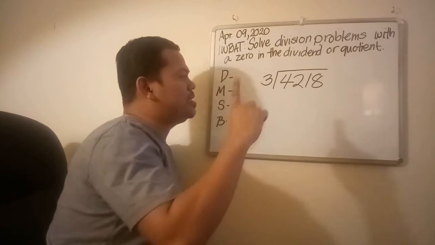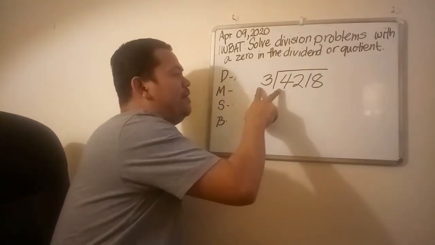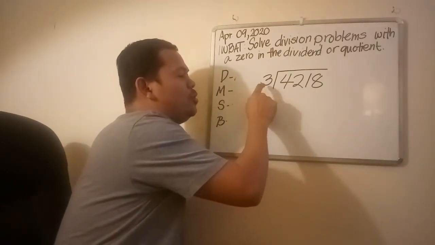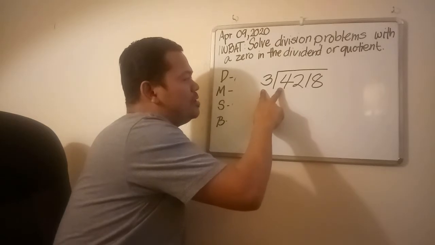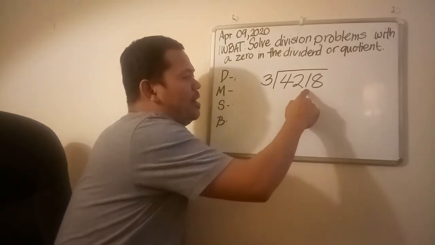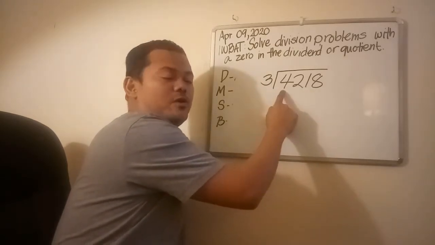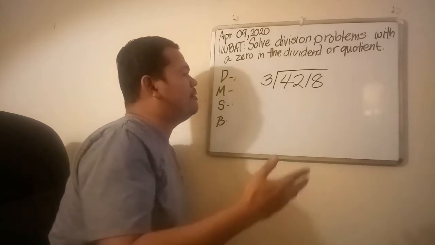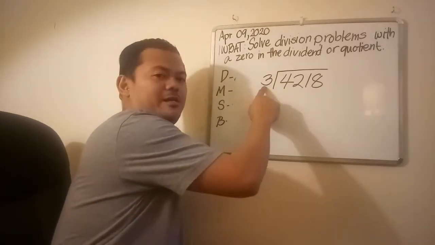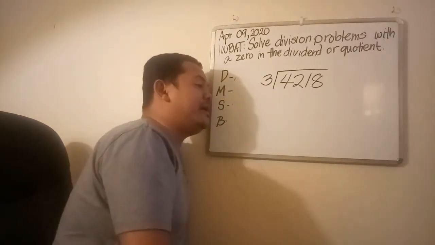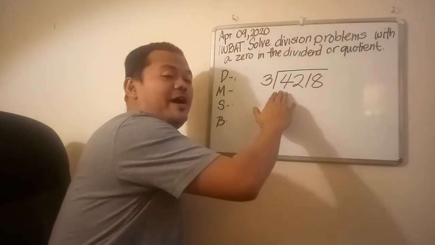The first thing we want to do is find a number that is nearest to our divisor. So is it 4? Is it 2? Is it 1? Is it 8? The nearest is 4. Is 4 greater than 3? Yes. Meaning to say, if it is greater than 3, we can divide it.